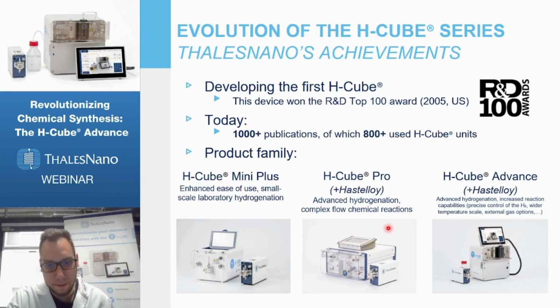It's also equipped with a little bit more instruments on the front panel, so it allows more complex analysis and a more thorough optimization of your protocols. So if you're interested in catalyst screening or detailed parameter optimization, we recommend the H-Cube Pro, and it can also double the throughput capacity compared to the Mini Plus, because it is producing twice as much hydrogen gas.